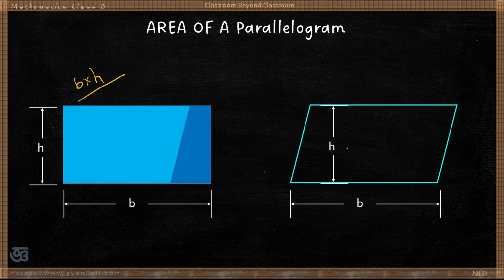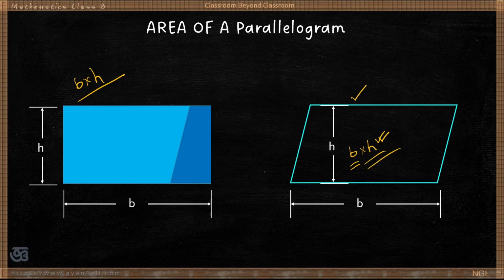So this is also equal to b into h. But b is the length of one of the sides of the parallelogram, and h is not the adjacent side of the parallelogram, but this h is called the height or altitude of the parallelogram, and that altitude is measured from the side opposite the base, and this becomes b into h. So this is the concept of area of a parallelogram.